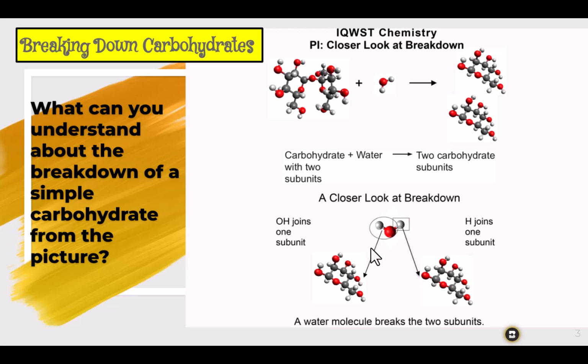Some of the atoms will join this subunit, and the other atom will join this subunit. Chemical reactions produce new products. Specifically in this example, it produced the glucose.